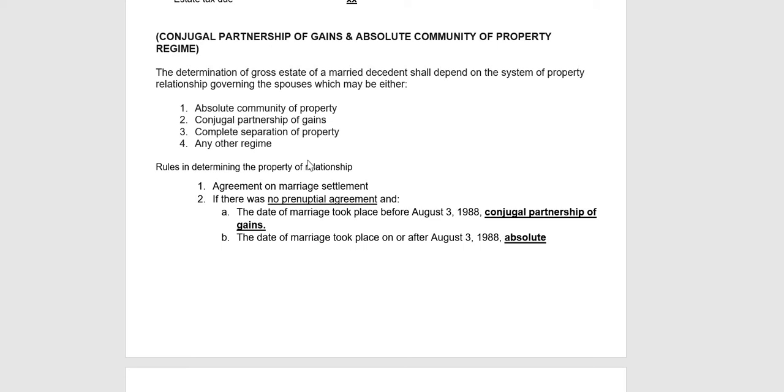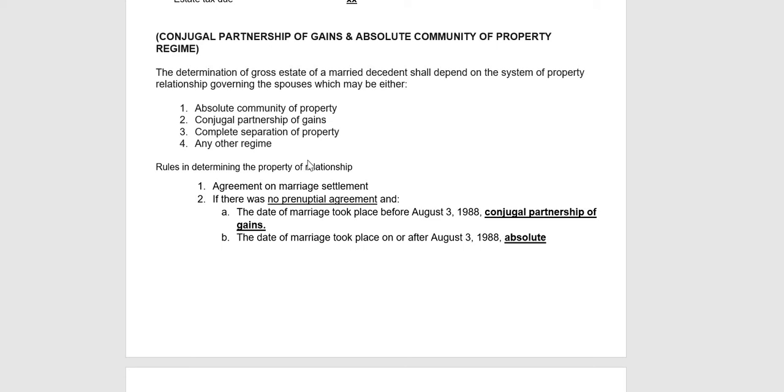What is to be included in the gross estate is the exclusive property of the resident plus the total conjugal or communal property.